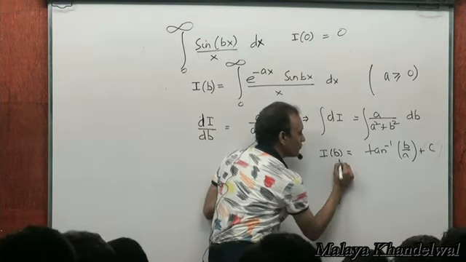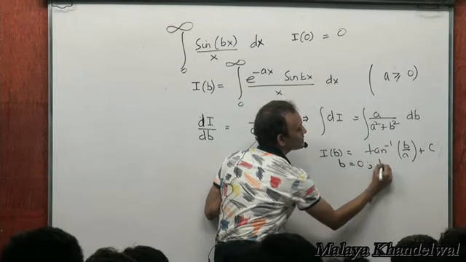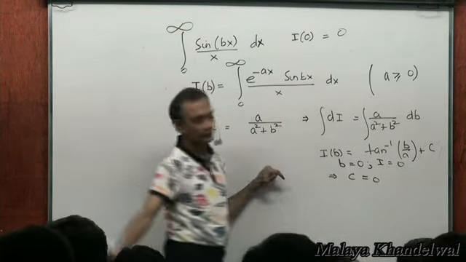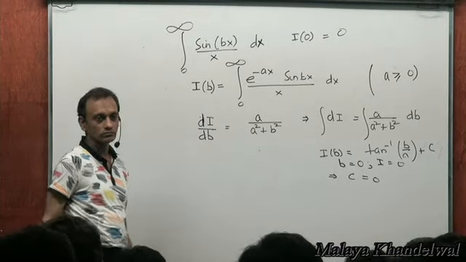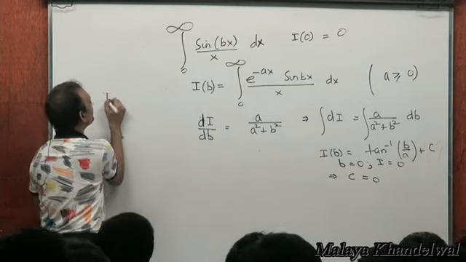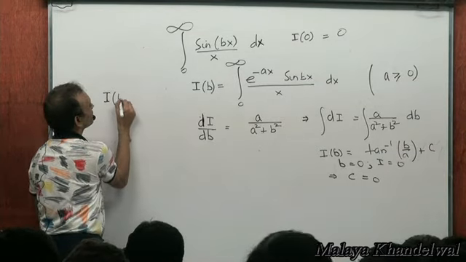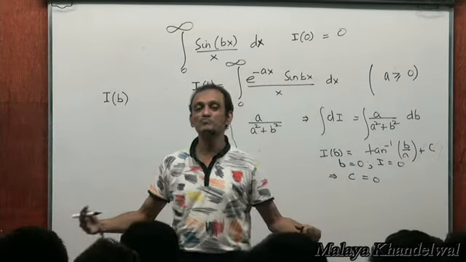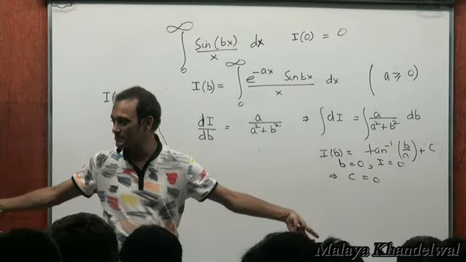So when b is 0, I is 0, leading to c equal to 0. Yes. Which means I, which we have recovered now, with c equal to 0, is tan inverse b by a.